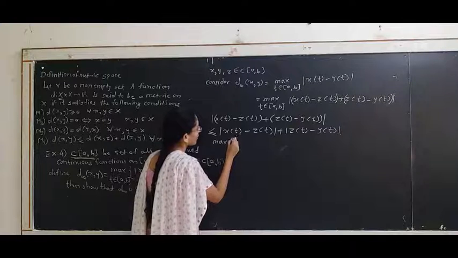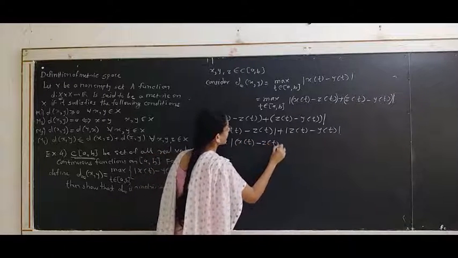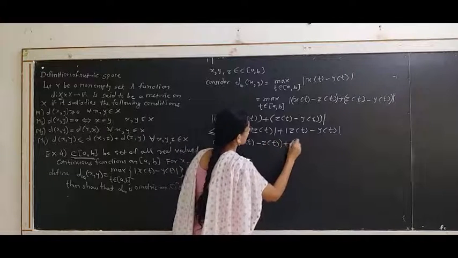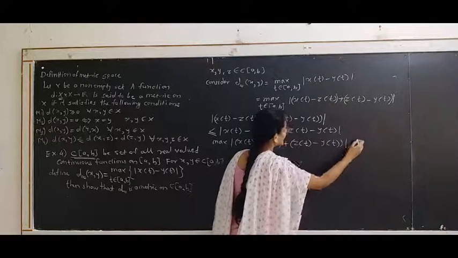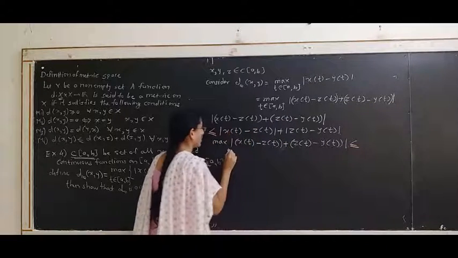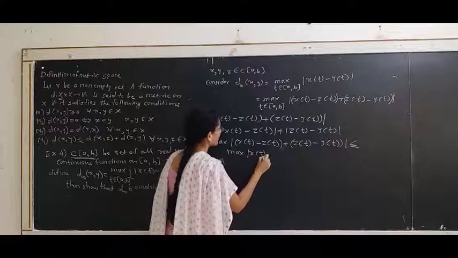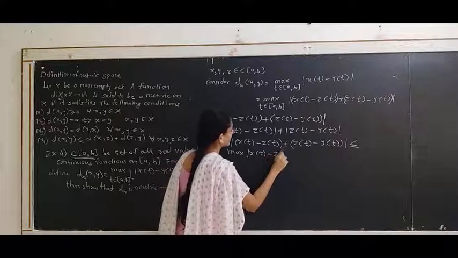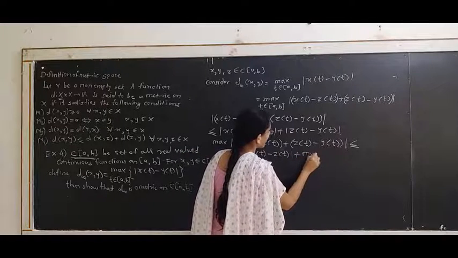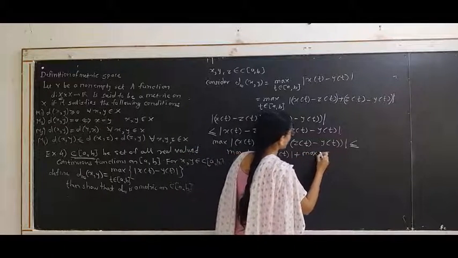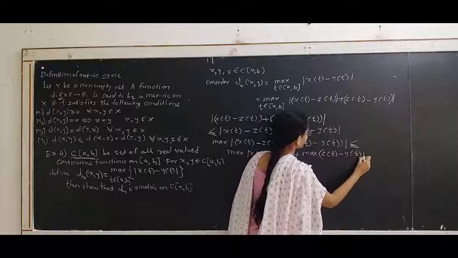The maximum of mod of x of t minus z of t plus z of t minus y of t is less than or equal to the maximum of mod of x of t minus z of t plus the maximum of mod of z of t minus y of t.